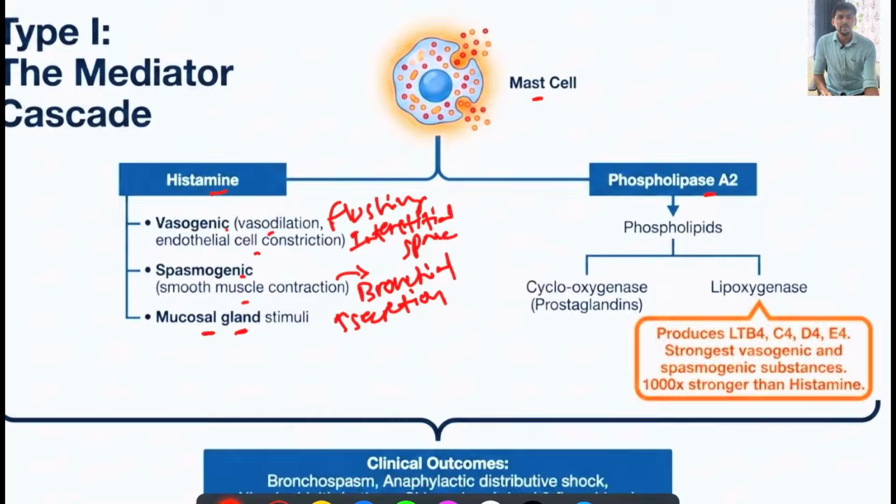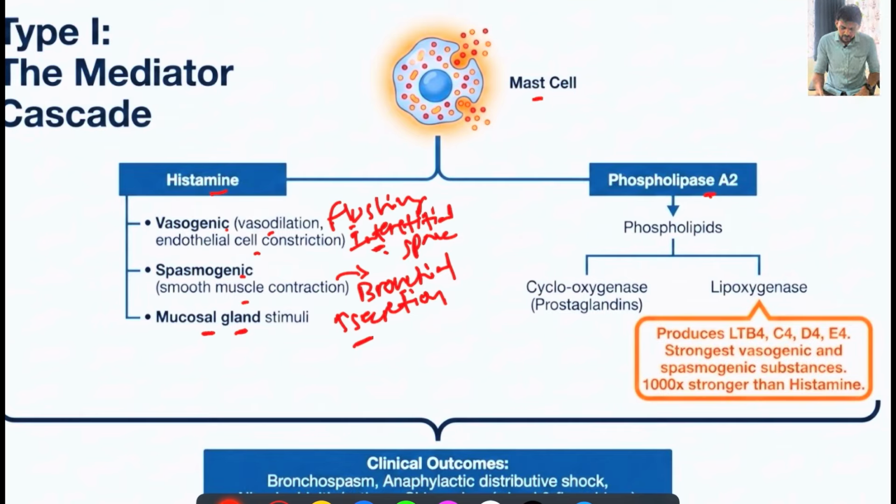Many times when we are exposed to pollen or dust, these allergens lead to type 1 hypersensitivity reaction, where we get excessive sneezing, increased secretions and flushing, and there might be difficulty in breathing because of bronchospasm. Sometimes it might even lead to anaphylactic shock, because of the distributive type of shock which happens in type 1 hypersensitivity reaction.